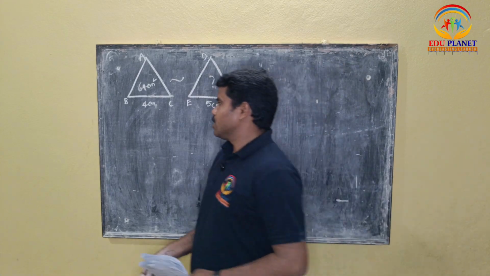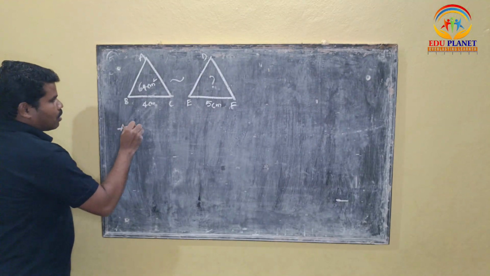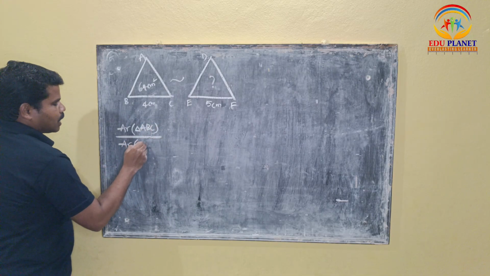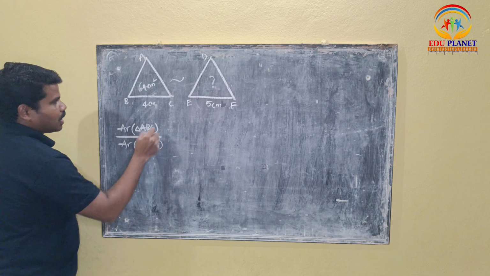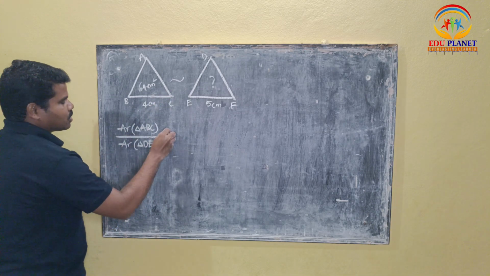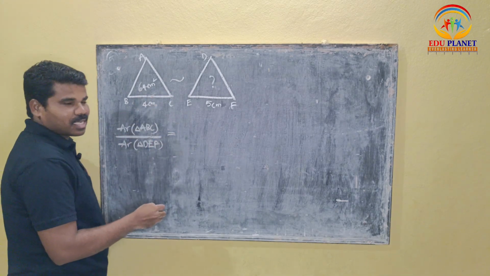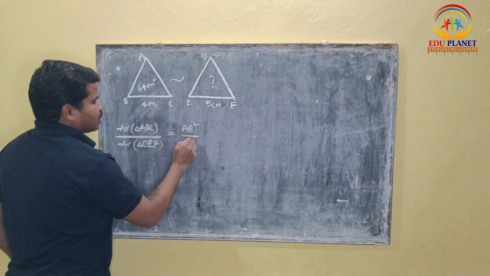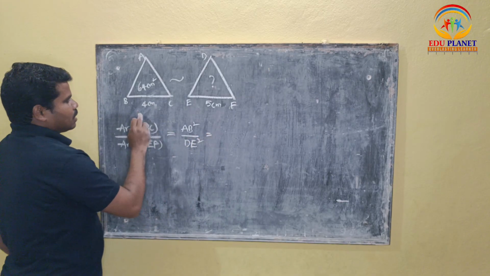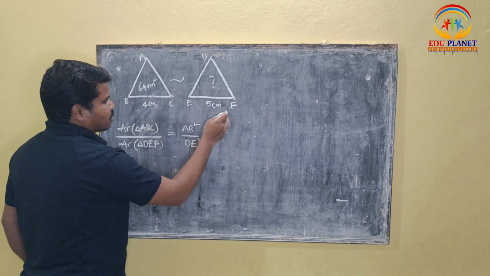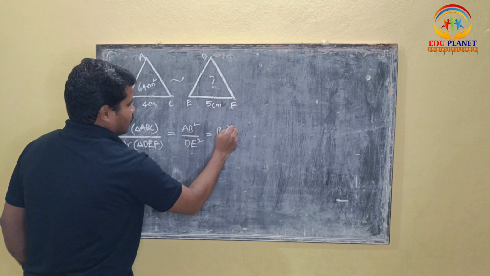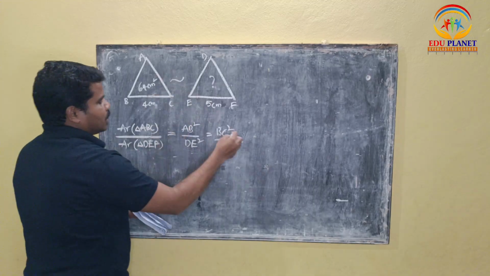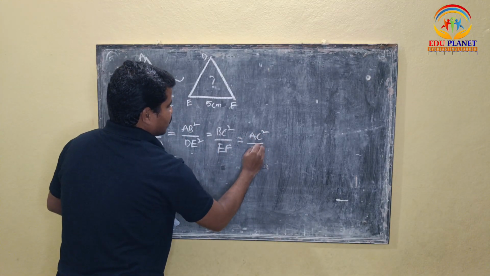It means area of triangle ABC upon area of triangle DEF equals AB square by DE square, as AB corresponds to DE, equals the second set BC square by EF square, equals the third set AC square by DF square, as AC corresponds to DF.